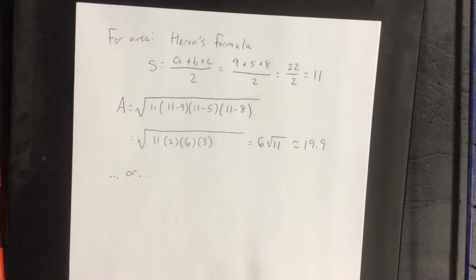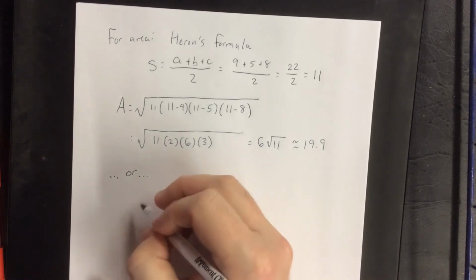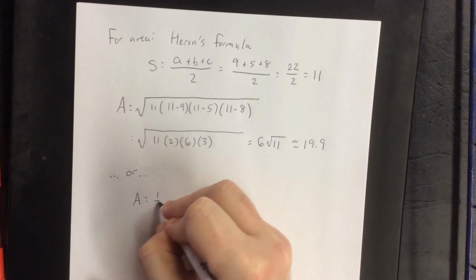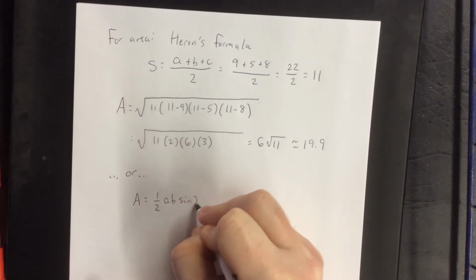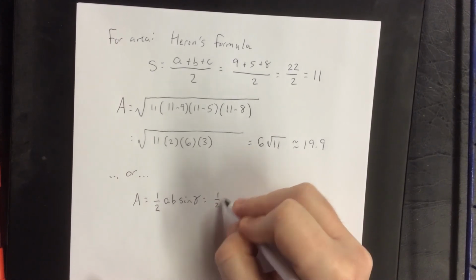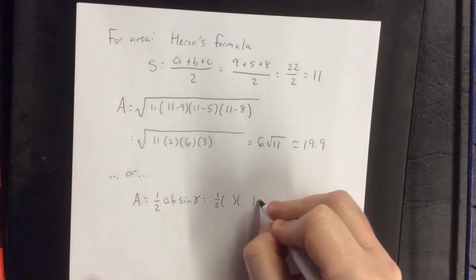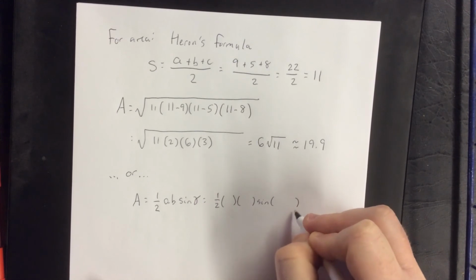Now, just for the sake of making sure that they work, I can grab any of those 3 angles that we had from the previous and use the side angle side formula. For example, I could say that the area is equal to 1/2 times A times B times the sine of gamma. Copying those values from the other sheet of paper that I have right next to me now.